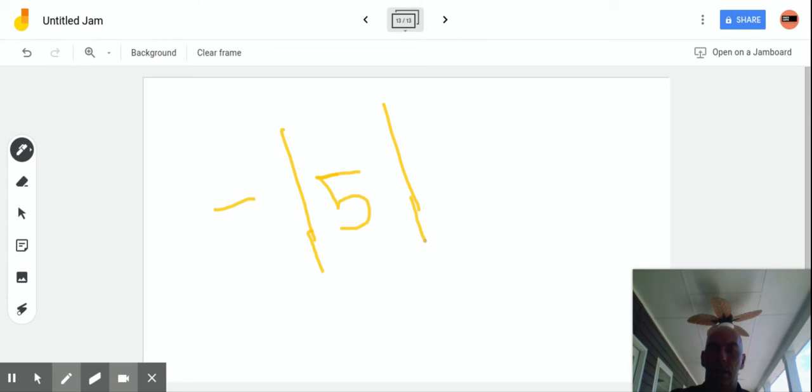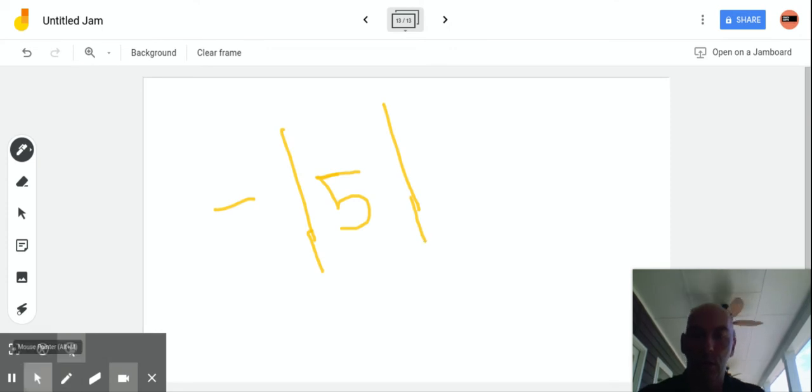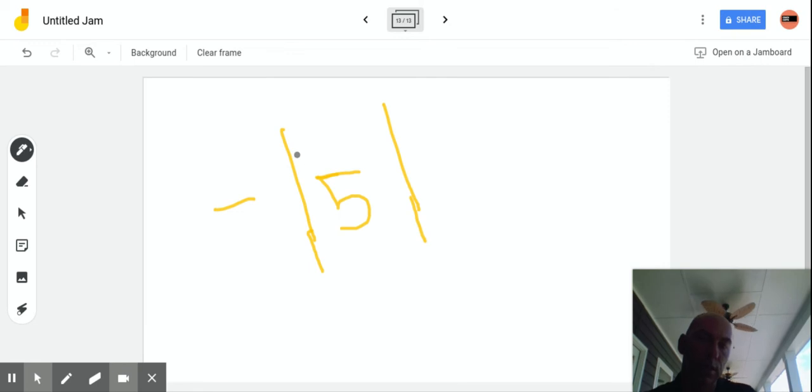Now this one, you notice, inside the absolute value symbols is a +5. But the negative sign is outside of the symbols. So inside the symbol is, yes, a 5, and the answer is going to be 5.